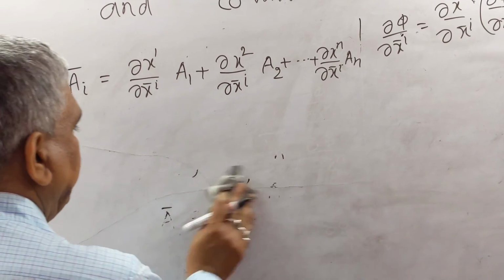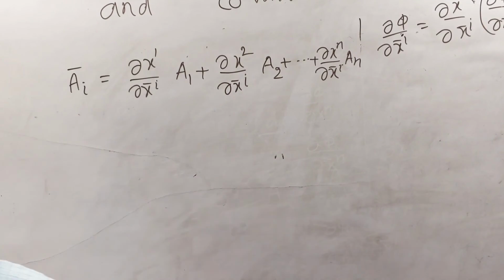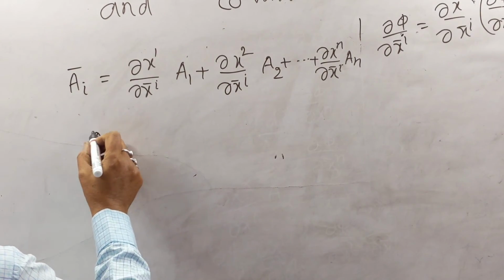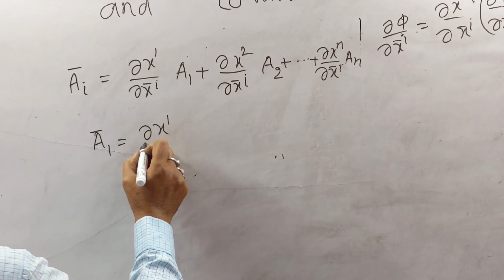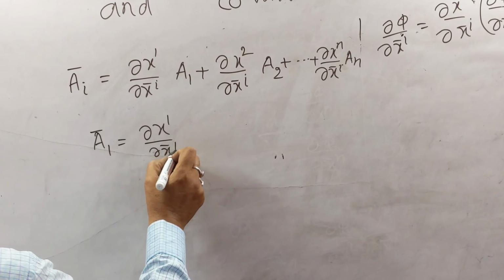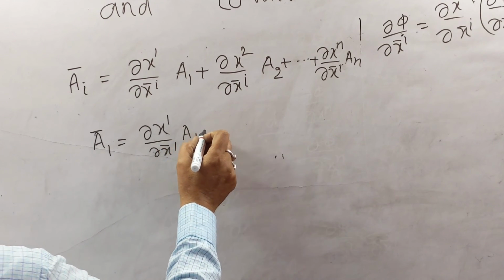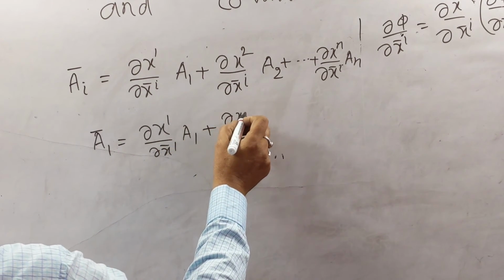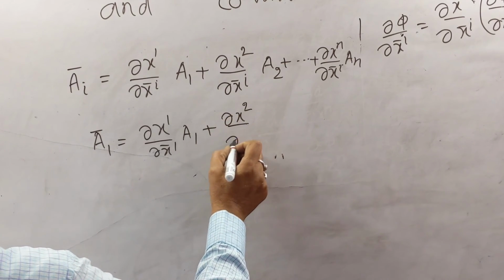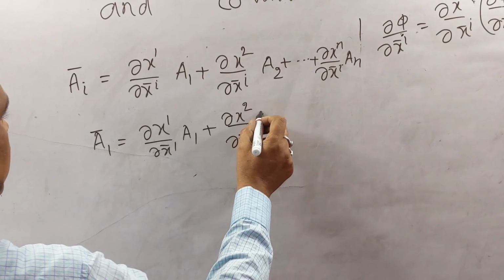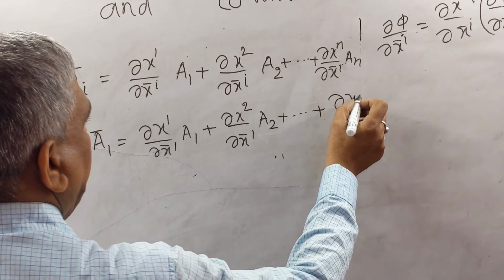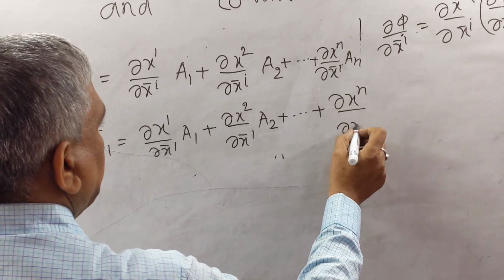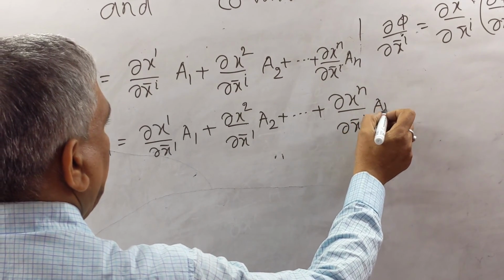Putting i equal to 1 to n, we may get a bar 1 equal to del x1 by del x bar 1 a1 plus del x2 by del x bar 1 a2 plus del xn by del x bar 1 an.